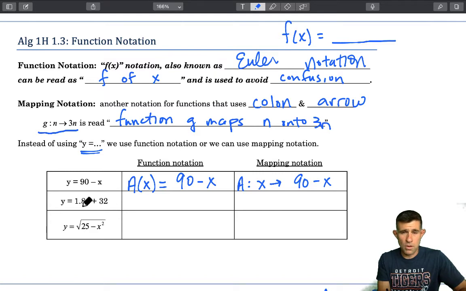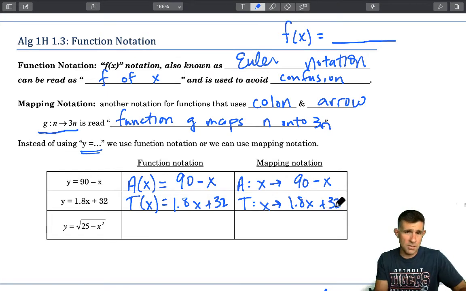Next up, we have this equation, y equals 1.8x plus 32. We might instead create the function notation t of x is equal to 1.8x plus 32. The mapping notation equivalent would be t colon x arrow 1.8x plus 32.